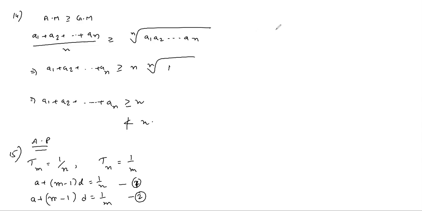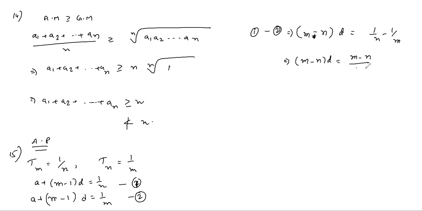So by subtracting, m minus 1 minus n minus 1, you can say m minus n into d equals 1 by n minus 1 by m. So m minus n into d equals m minus n by mn. So we can see d equals 1 by mn.